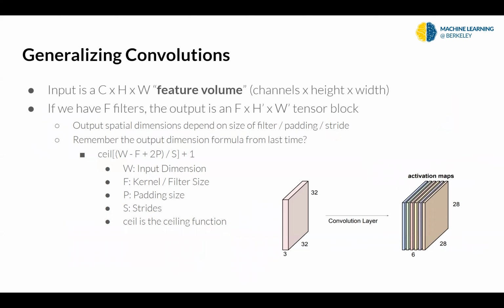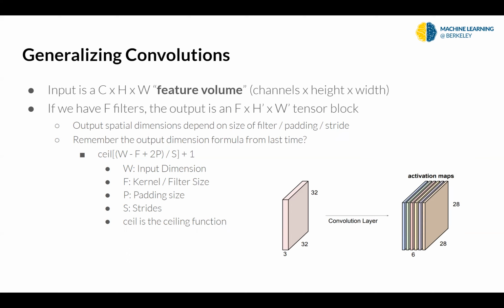Right. So now we talked about things like padding and stride, and we can generalize the dimensions of our output with a general formula. Our input has C channels, and the dimensions are H by W: channels by height by width.